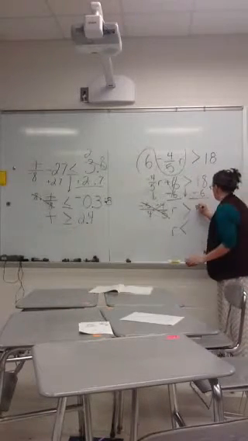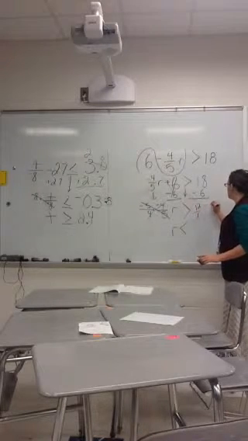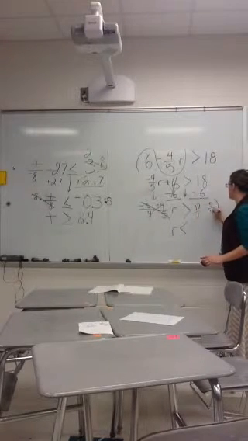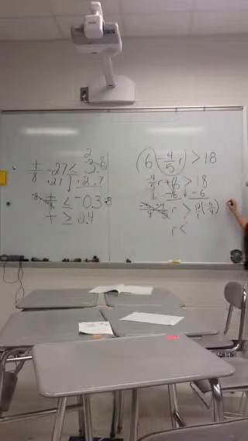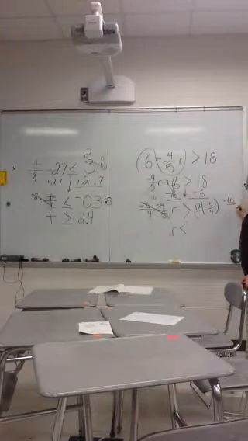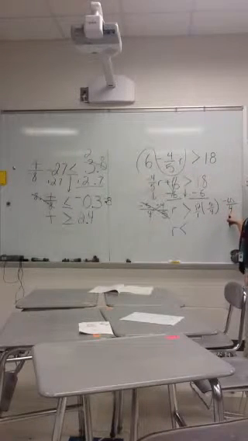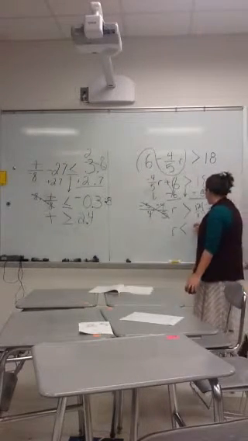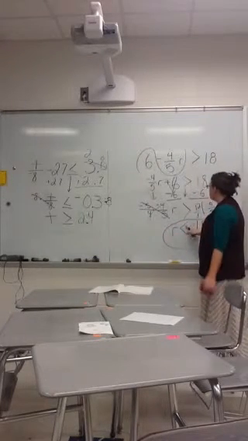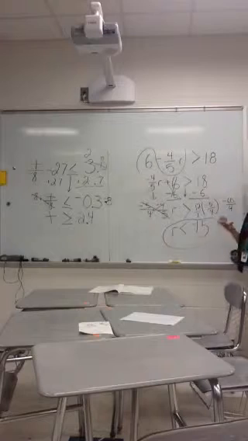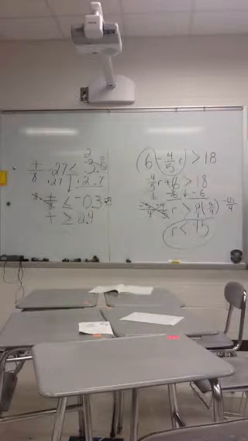I'm going to write this a little smaller. 12/1 times negative 5/4. 12 times a negative 5 is actually negative 60/4. Negative 60 divided by 4 is a negative 15. So r is going to be less than negative 15.